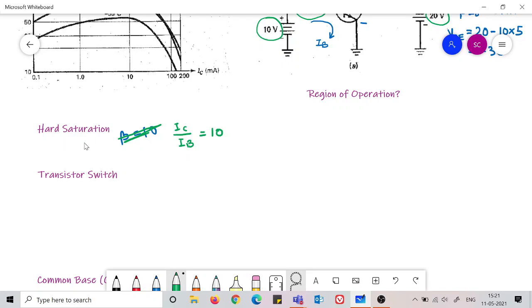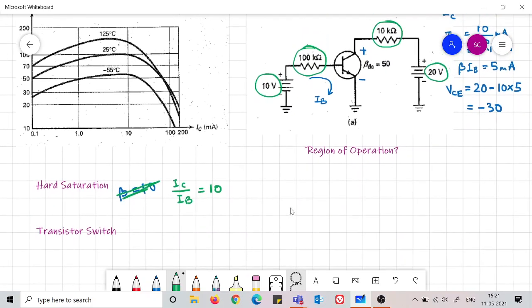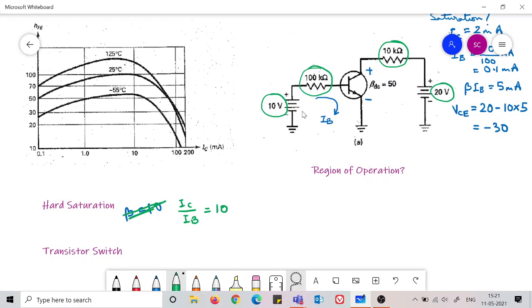If we operate in hard saturation, then we can use the transistor as a switch, because whenever we make this VBB polarity such that the base is forward biased, then it is in the saturation region, and if we make it reverse biased by changing the polarity or making it 0, then it is in cutoff region.